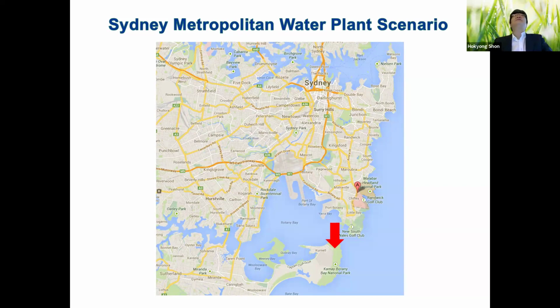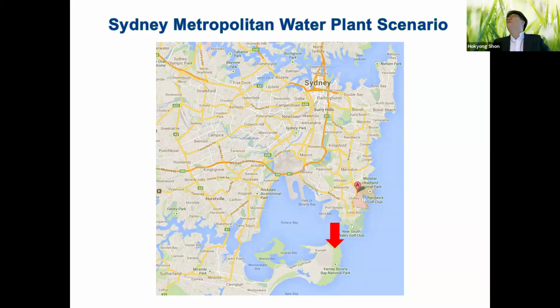When you produce 1 cubic meter, you need to pay an energy consumption of almost 4 kilowatt hours. So which means 4 kilowatt hours of energy for 1 cubic meter of desalinated water.